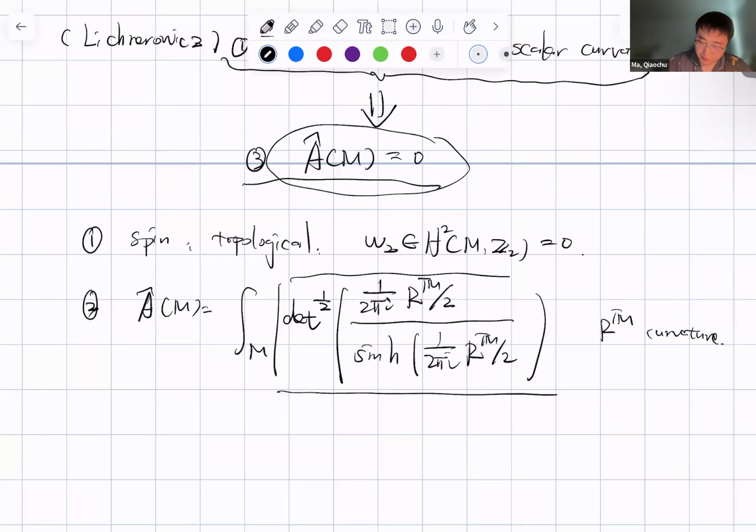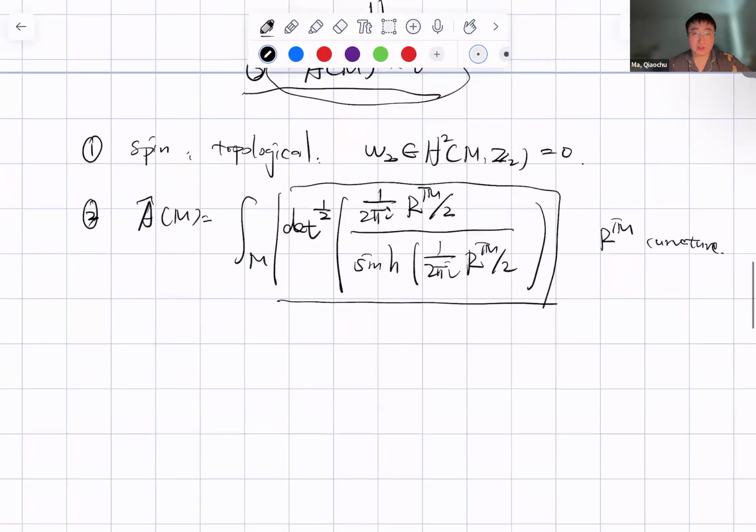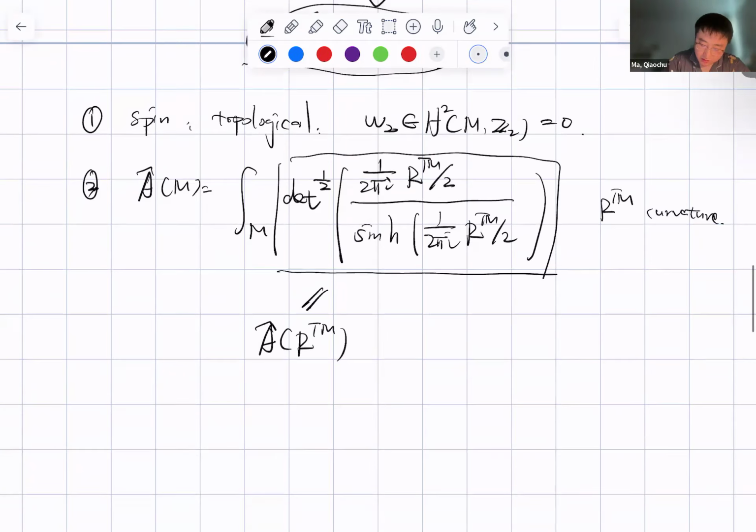Okay, I want to put a remark here. This determinant is actually, let's denote it by A-hat(R^TM), the A-hat class.